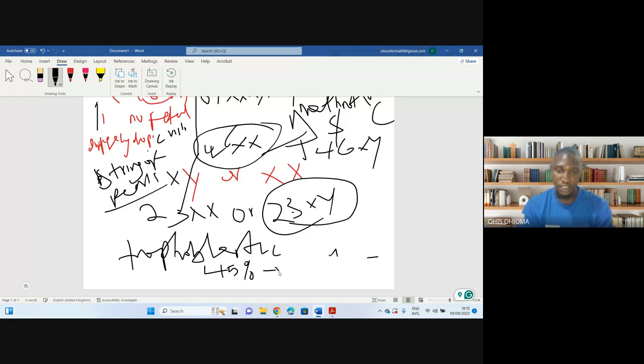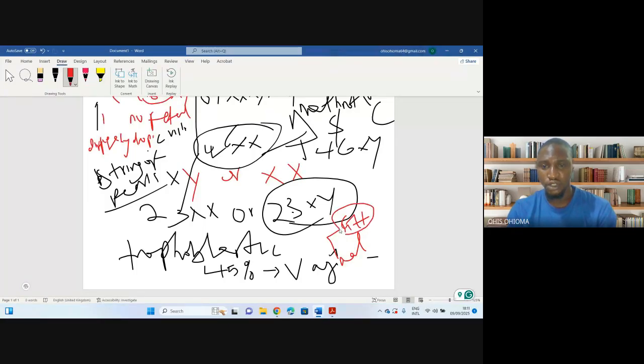And these patients usually present with vaginal bleeding. They also present with gestational hypertension. Now, the reason why they present with gestational hypertension is not clearly understood.